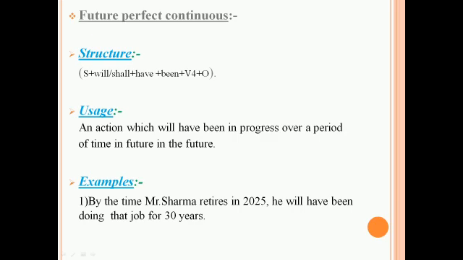Examples. By the time Mr. Sharma retires in 2025, he will have been doing that job for 30 years.